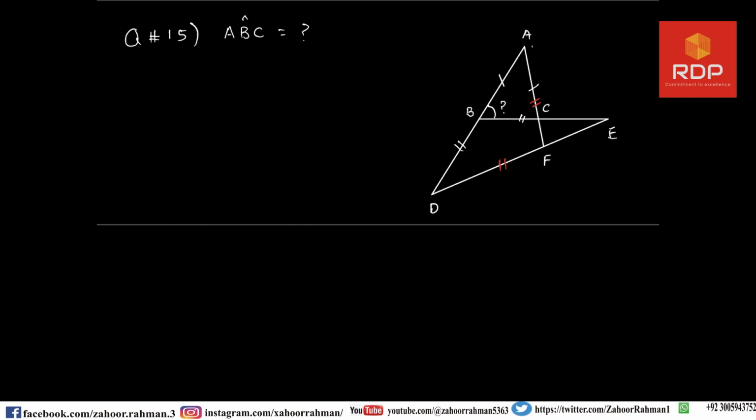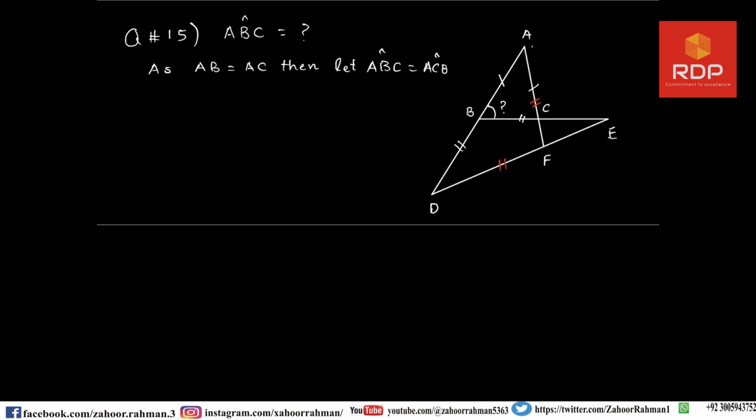So now let us try to solve this question. It is given, and I am writing, AB is equal to AC. If AB is equal to AC, then what can we conclude? Then we say that ABC is equal to ACB.